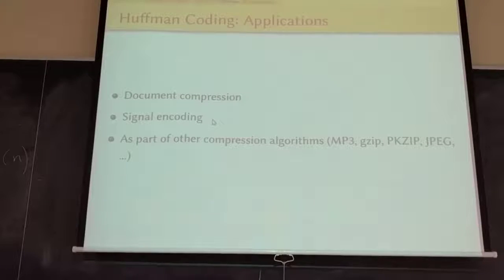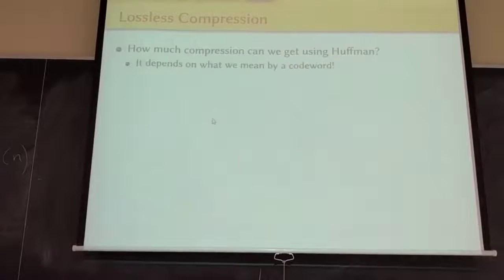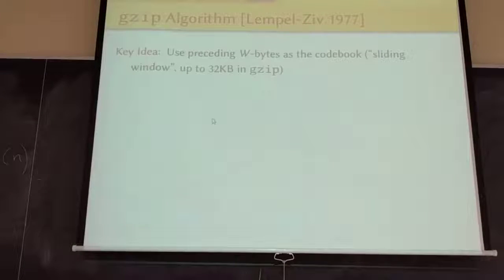But then we had these other set of algorithms which are able to work with much longer code words, not just individual characters, right? And so the gzip algorithm is one of those.